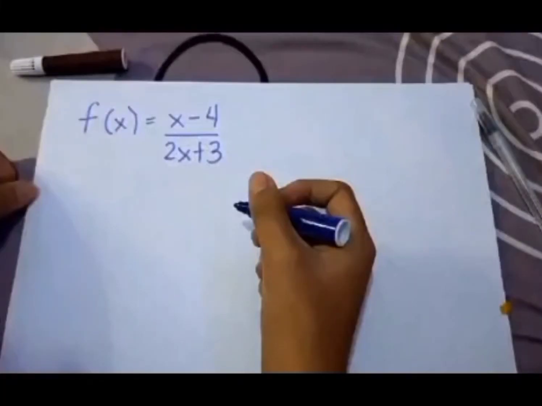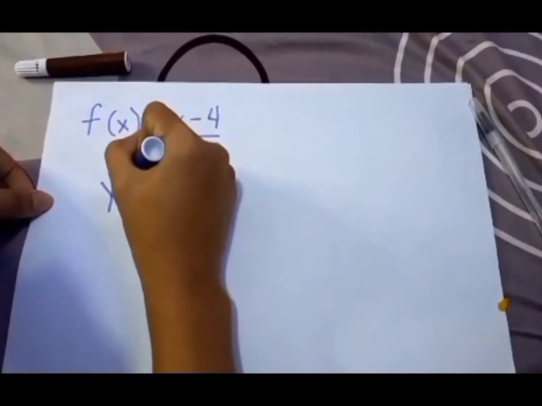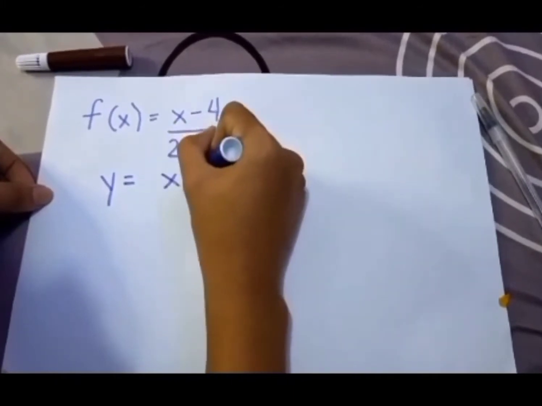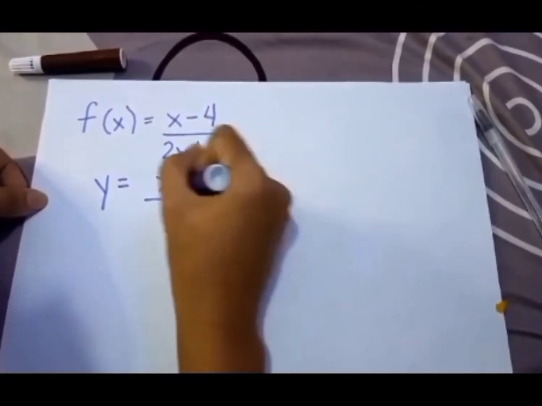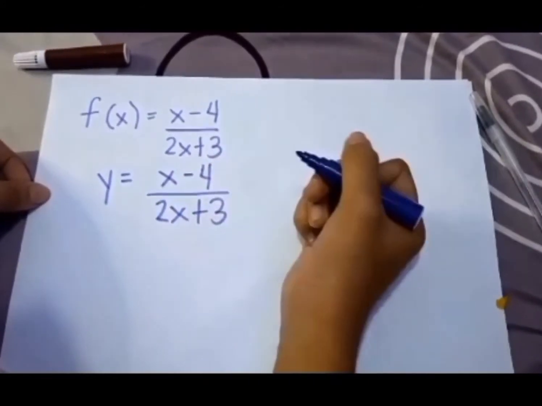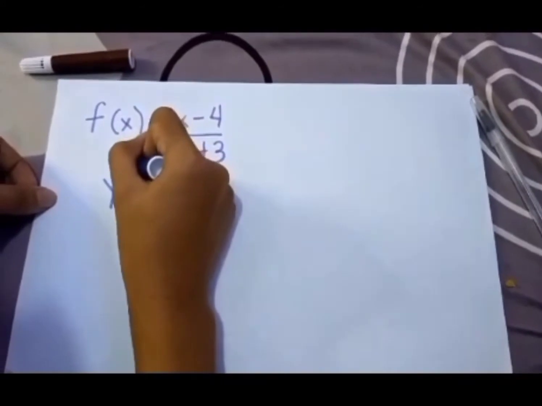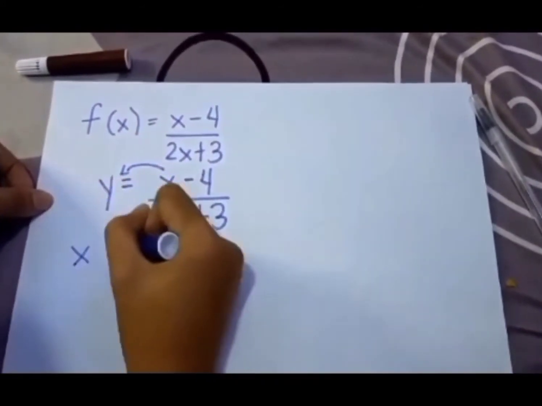Ngayon, ay susunod na tayo sa isa pang example. Ang example natin ay f of x equals x minus 4 over 2x plus 3. The first step is papalitan natin ng y ang f of x. So, magiging y equals x minus 4 over 2x plus 3. The second step is papalitan natin or ibabalik na rin natin ang y at x.